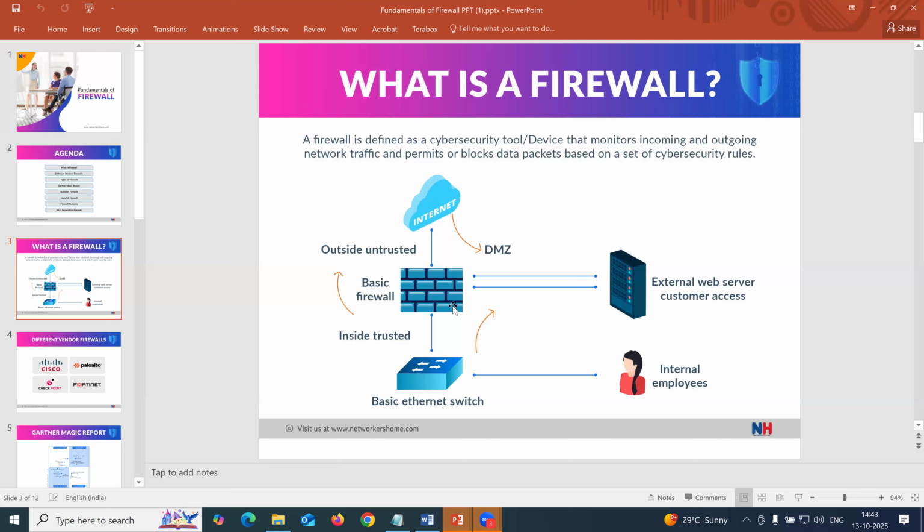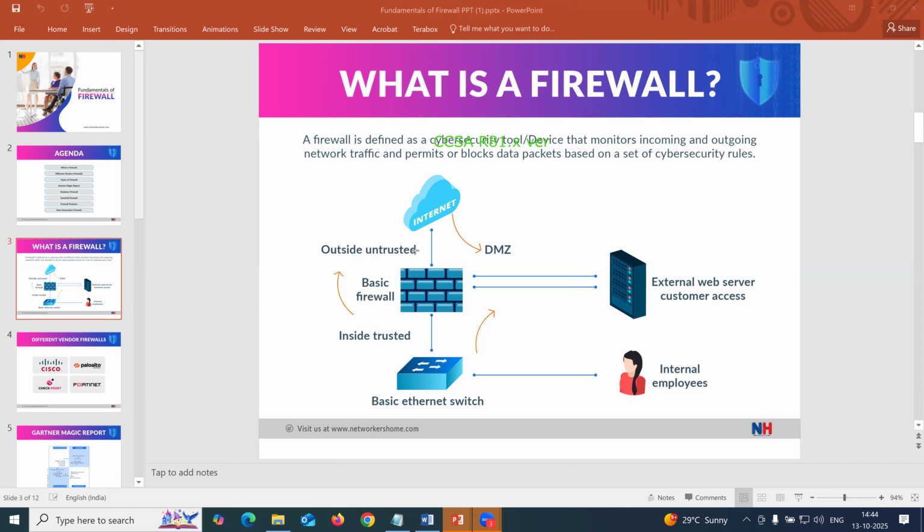Okay. So here you can see a firewall deployed between your untrusted network, trusted network, and your DMZ servers. Here we have different zones. Zones are nothing but an area that you define where your devices, clients, or internet accesses are.